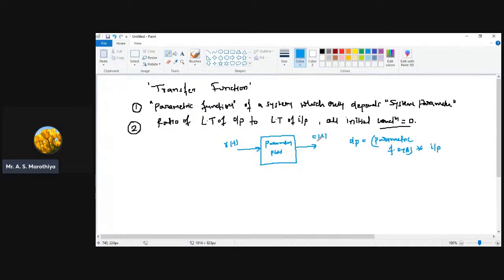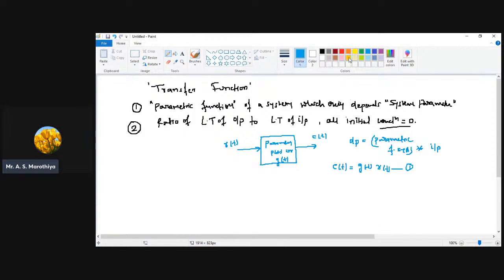The same thing is mentioned over here. Now this output is c of t, which is equal to the parametric function of the system, which is p of t, or you can represent this particular function as g of t. Both are the same thing. So I can write c of t equals g of t, where g of t indicates the parametric function of the system, multiplied by input, which is r of t. This is very, very important. This will be your equation number 1.